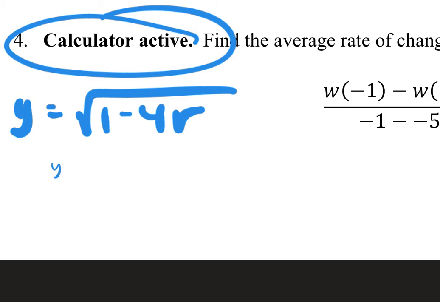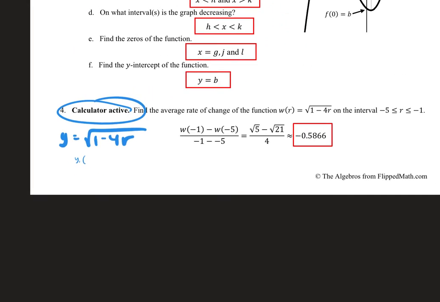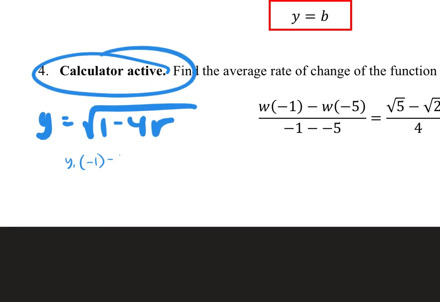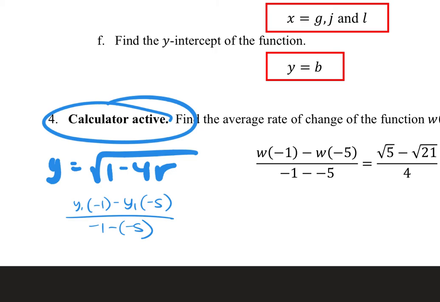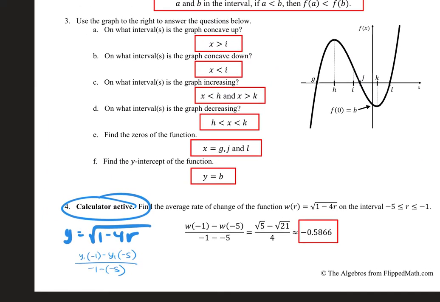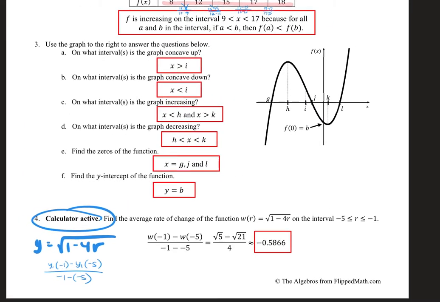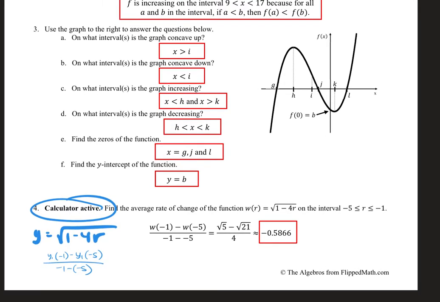And then I would do y1 of -1 minus y1 of -5, over -1 minus -5, and let the calculator do the work for you. The good news is that's multiple choice, so hopefully you'll catch it if you're way off. But the trick is there are going to be distractors, so look for things like the wrong signs. Be really, really careful when you make that choice.